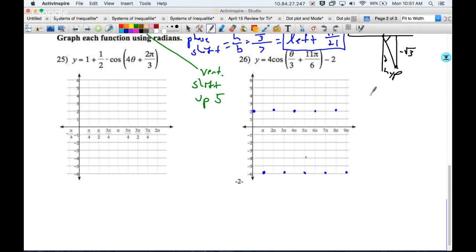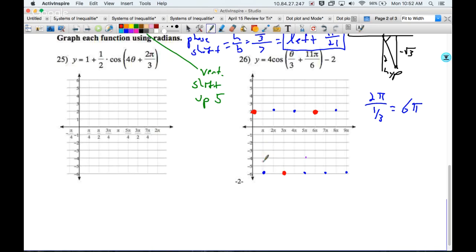The period is 2 pi over b. B right now is 1/3, so that equals 6 pi. So instead of doing a cycle every 2 pi, it's going to cycle every 6 pi. So it's going to still start right there, but it's not going to come back up to be right there until 6 pi later, meaning that at 3 pi it's at a minimum, and that at 1.5 pi it's halfway in between.